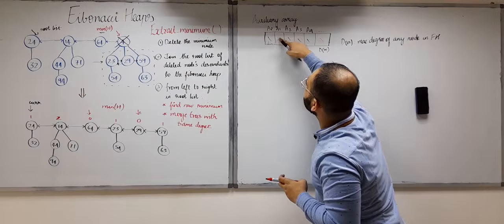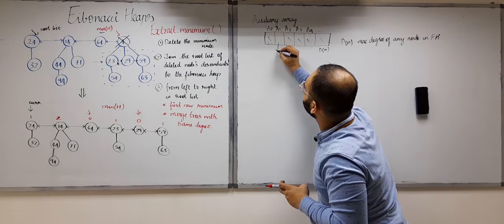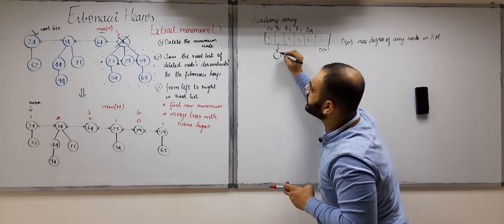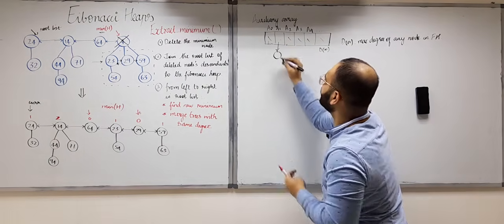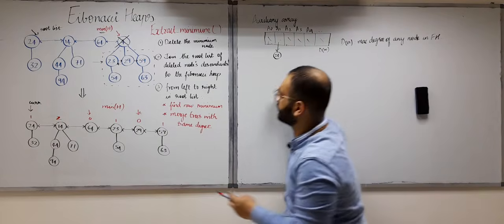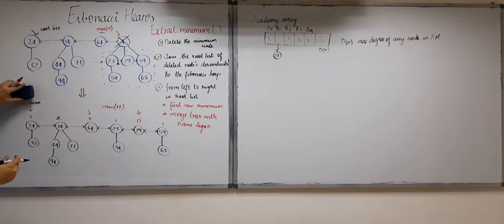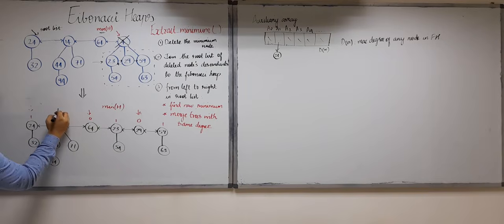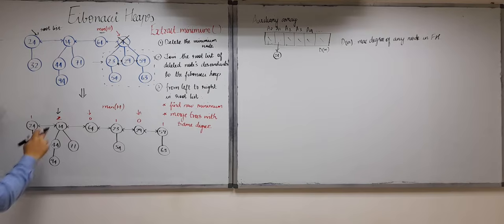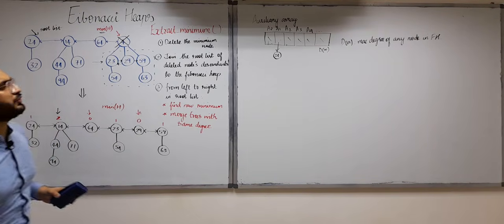So we will change this from null to point it at that root which had degree 1. So what was that root? That root was 24, right? So root 24 had degree 1. Then my current pointer will move forward, okay? It will move to this position, okay? Now what will happen is that it will check, okay, this node has degree 2. So it will go to A2, okay?